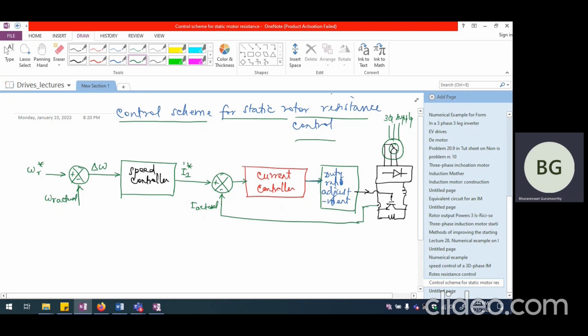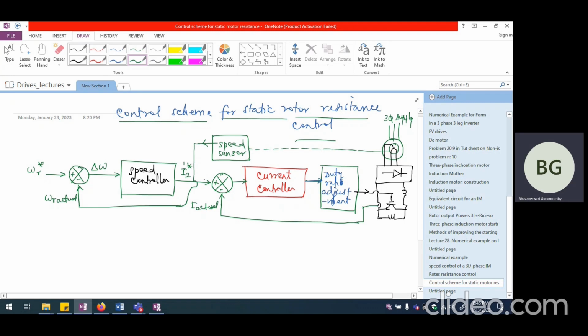The same way from this motor, we have to have some kind of speed sensing mechanism. So speed sensor. So this will be mechanical to electrical quantity conversion. The speed transducer will convert that into the electrical quantity. Now this actual speed comes out of here and that will be fed to the actual speed here.